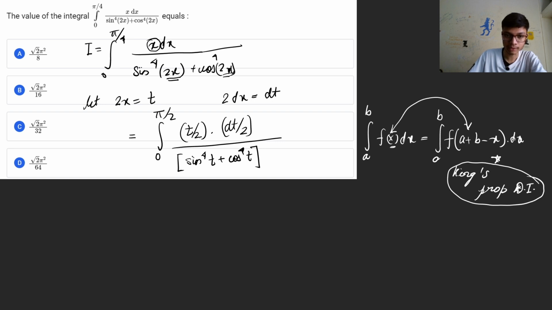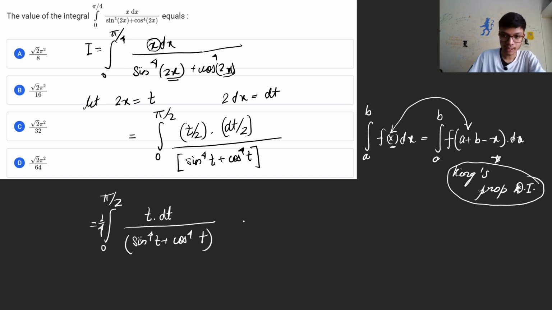So this becomes the integral within the limit 0 to pi by 2 of t dt, divided by, since 1 by 2 into 1 by 2 is 1 by 4, sine to the power 4t plus cos to the power 4t.